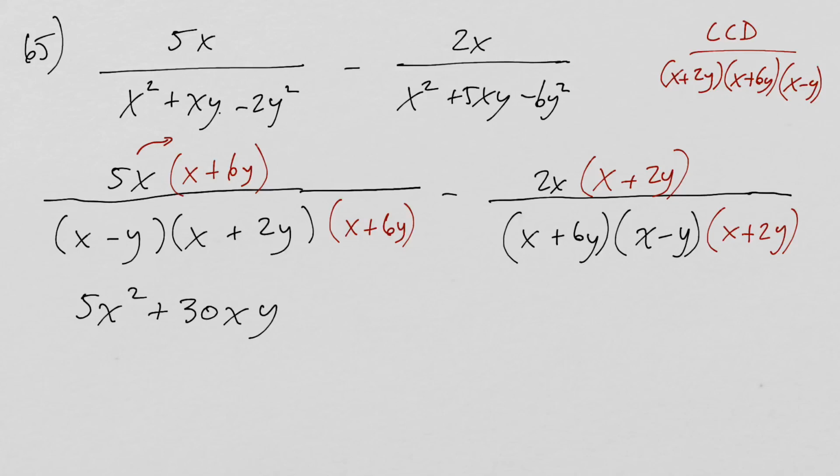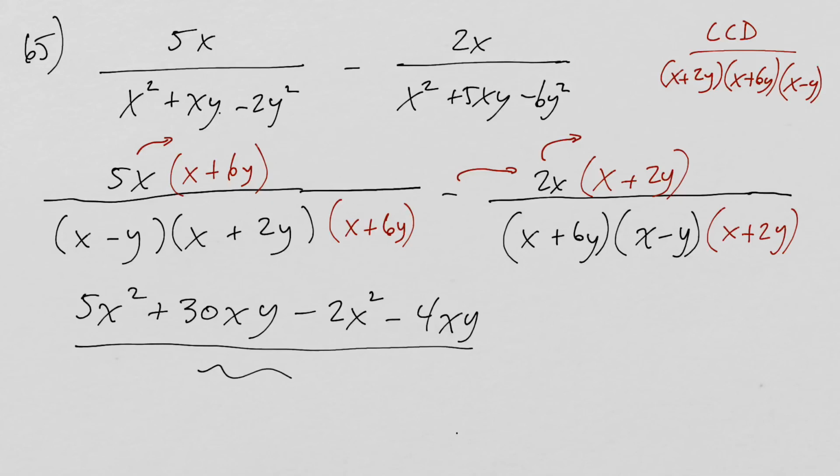Now I'm going to take this negative and tack it onto the 2 before distributing that in, and I'll get a negative 2x squared minus 4xy. And it's all over that denominator, which I'm not going to bother to write right now. 5x squared minus 2x squared is 3x squared. And a positive 30 and a negative 4 give me a positive 26xy.